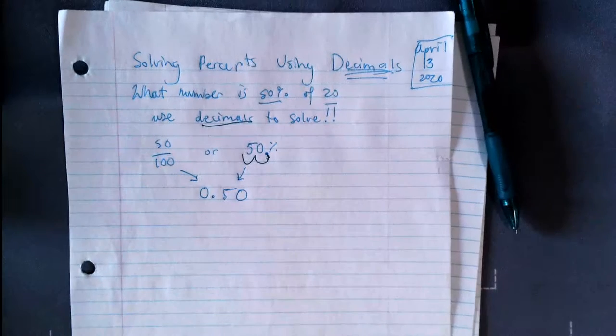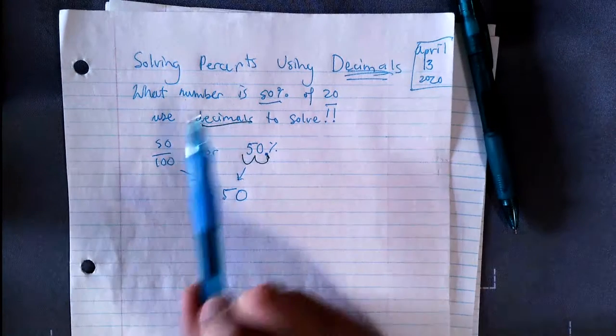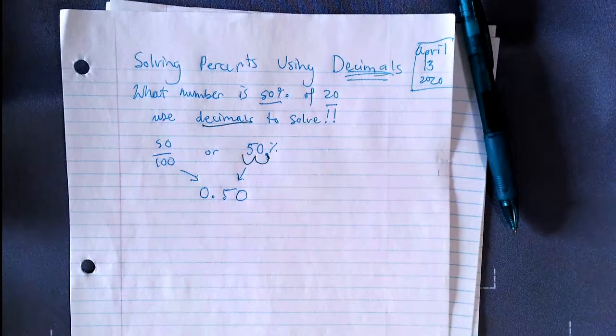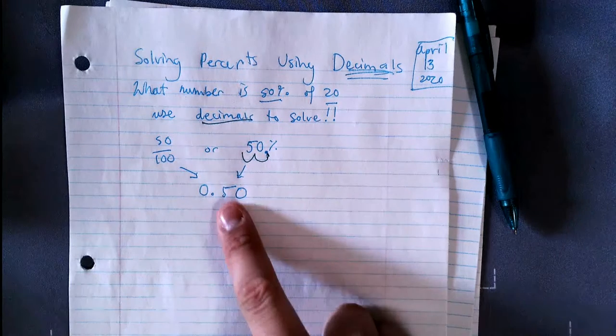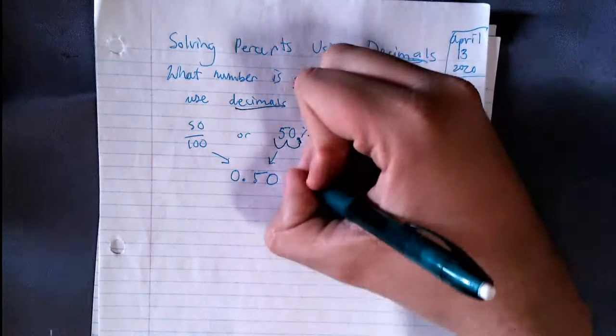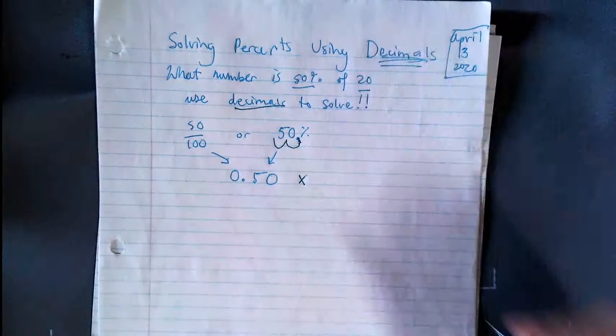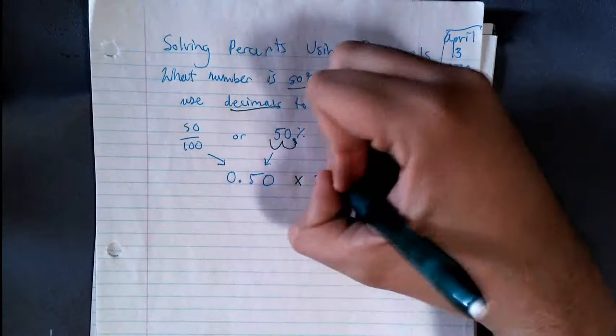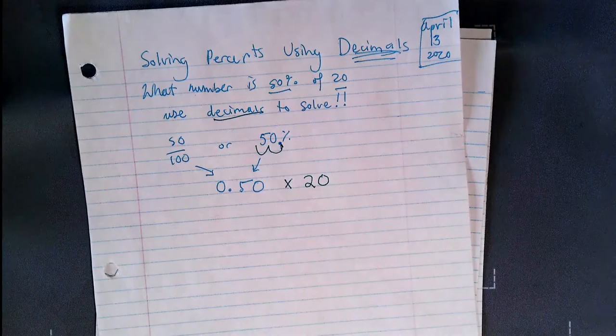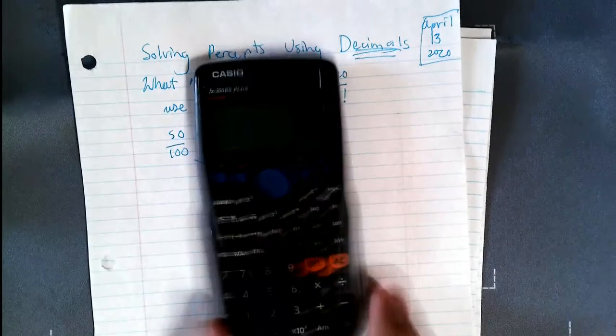Perfect. Now, since it says what number is 50% of 20, of essentially means we should multiply. So we have our decimal. We're going to find 50% or 0.5 of 20. So we can whip out our calculator here. Oh no, it's almost too dark.